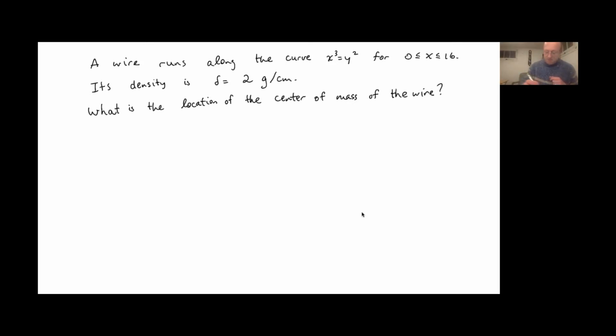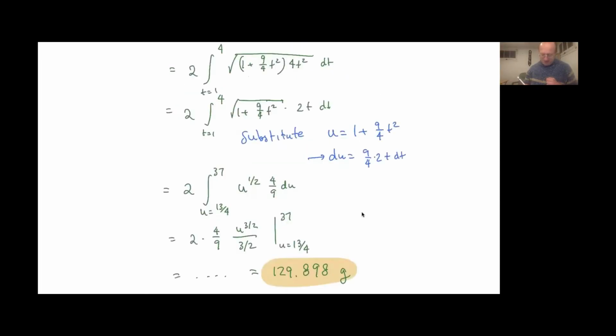And what did we find for that total mass? It was 129.898.